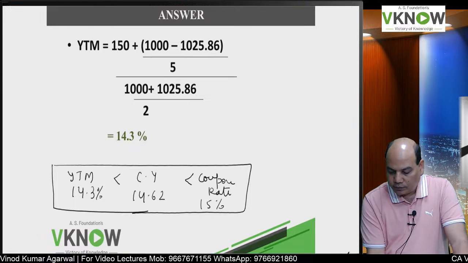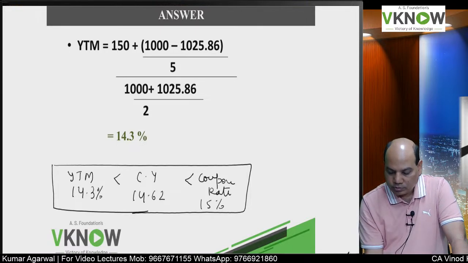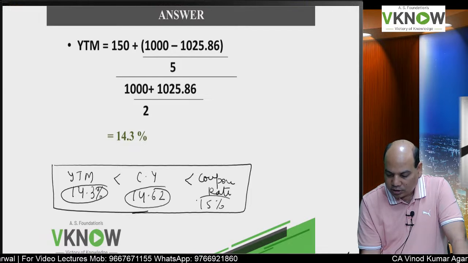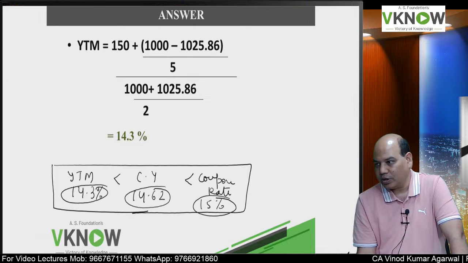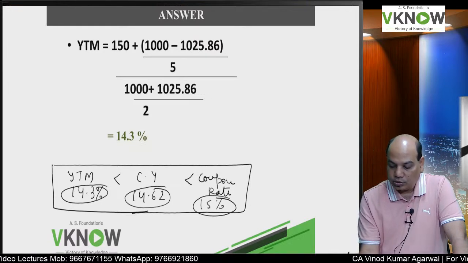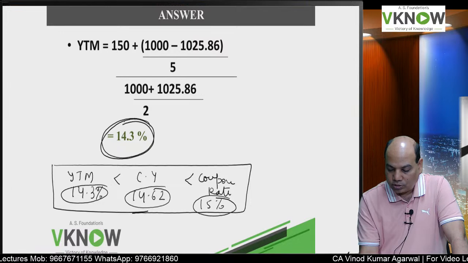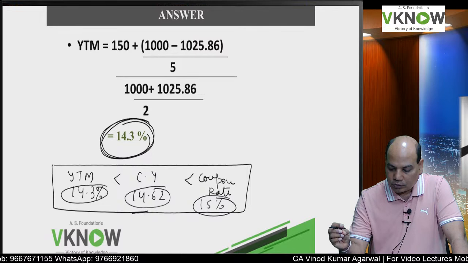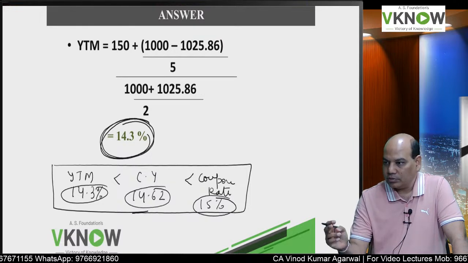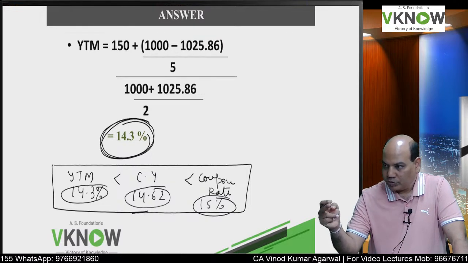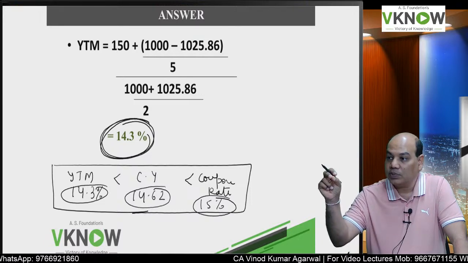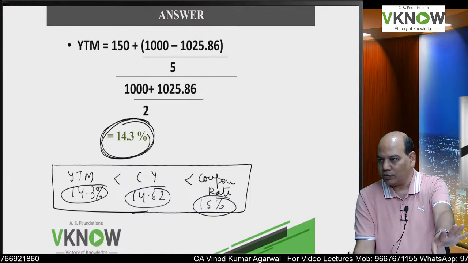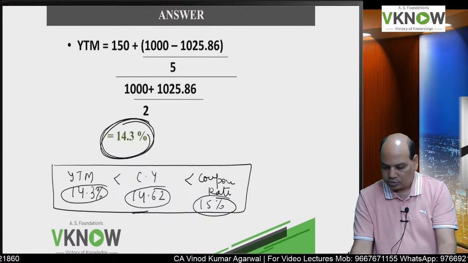So if it is a premium bond, YTM will be less than current yield and current yield will be less than coupon rate. You can answer whether Alok should buy the bond or not by comparing YTM with the required rate of return. YTM is 14.3, required rate of return was 14%. Since the YTM is greater than the required rate of return, you can buy the bond.